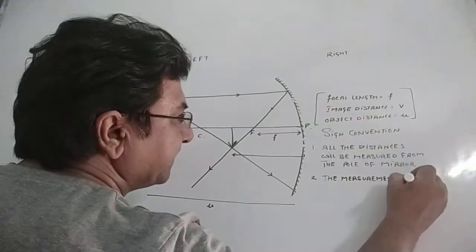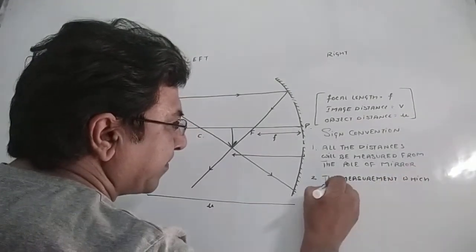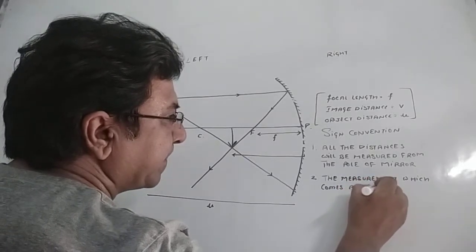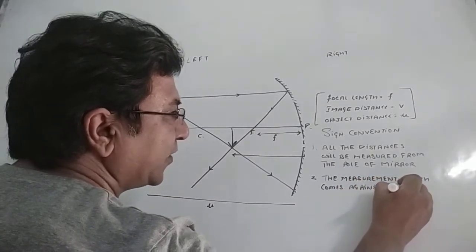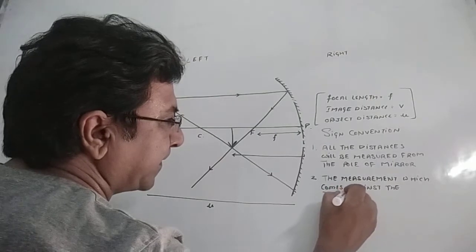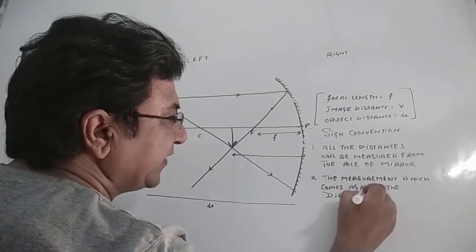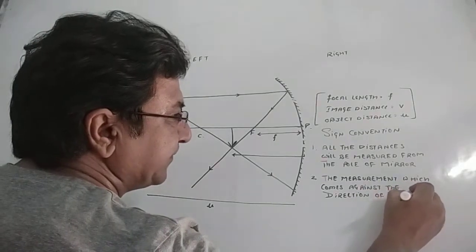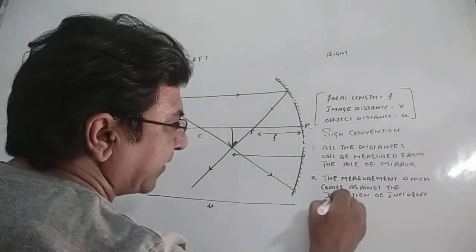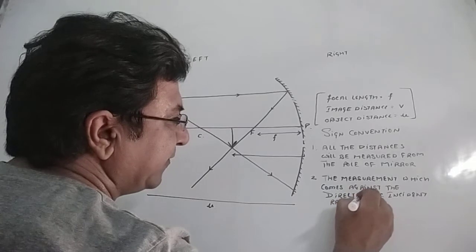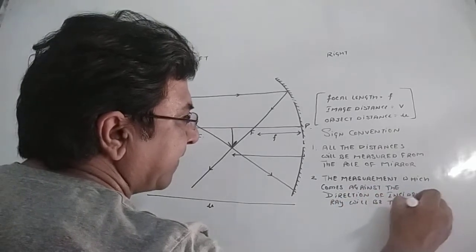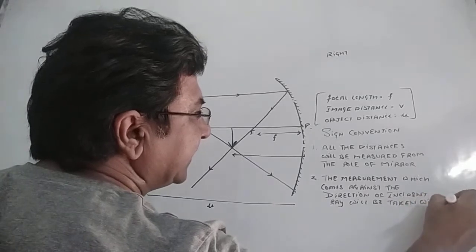So in language we will write: the measurement which comes against the direction of incident ray will be taken with negative sign.